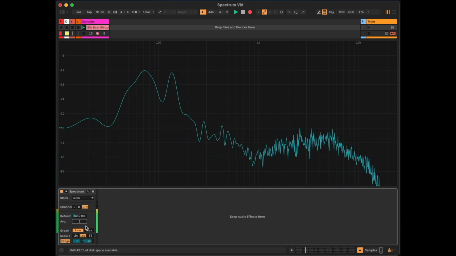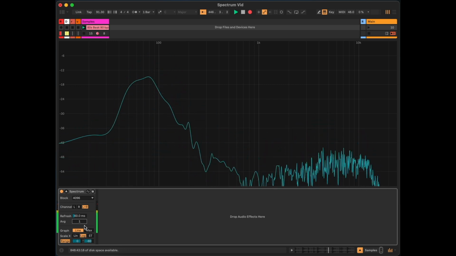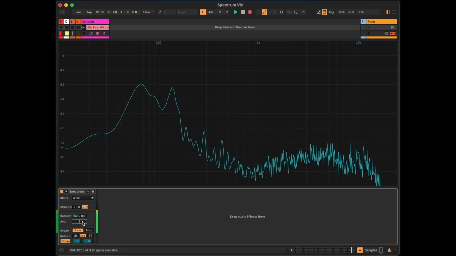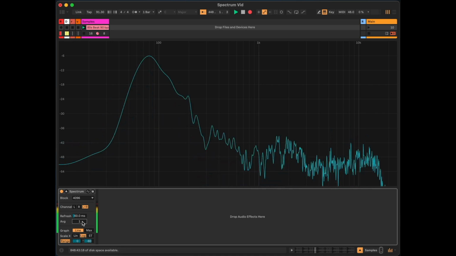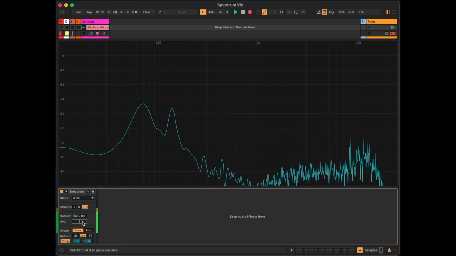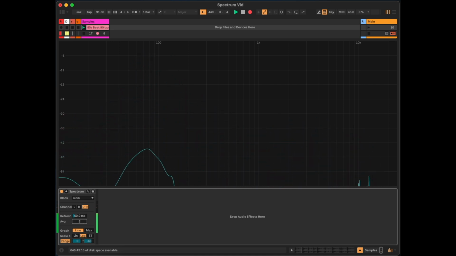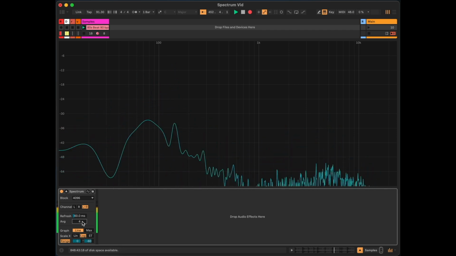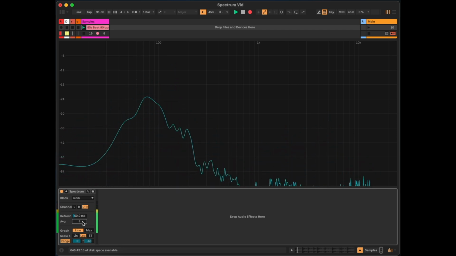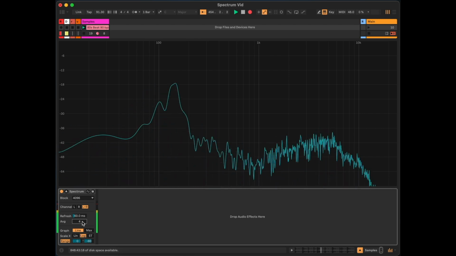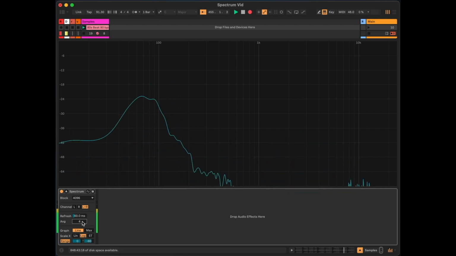This results in much more activity in the display, which can be useful for finding the spectrum of short peaks, such as drum sounds. As you increase the average value, the display updates more smoothly, providing an average of the frequency spectrum over time. This is more consistent with the way we actually hear. With this, we can see the line is not moving as quickly.